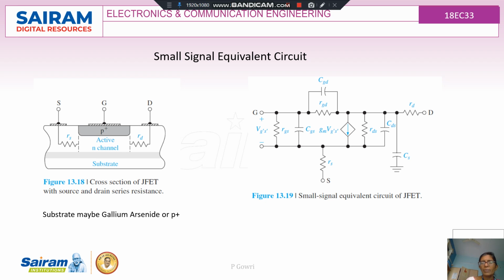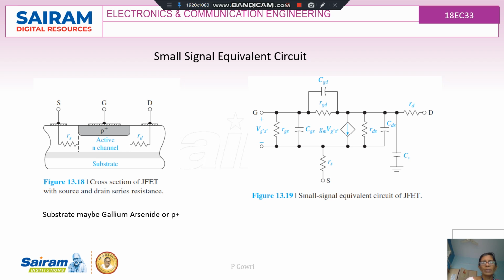The gate terminal will be a metal layer, or some conducting material which is coated, and the substrate may be gallium arsenide, and it can be a p-type material here.